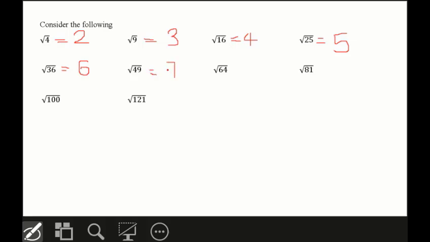Did you get 7? Excellent. The root of 64 is giving us 8. Good. The root of 81 will give us 9. The root of 100 gives us 10. And the root of 121 gives us 11. Very good.